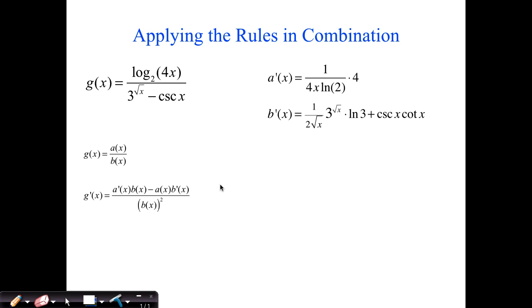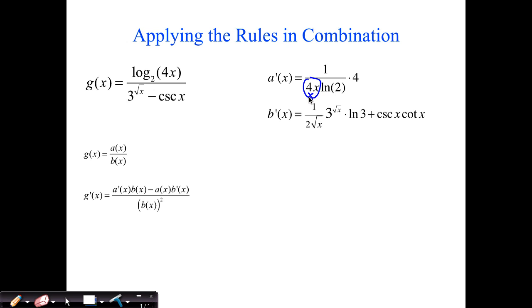With our numerator of log base 2 of 4x, this does simplify, by the way, but you certainly don't need to simplify it. If you can see, there's a factor of 4 in the denominator and a times 4. But log base 2 of x is 1 over x times the natural log of 2. Log base 2 of something else is going to be 1 over that something else, 4x, times the natural log of 2.